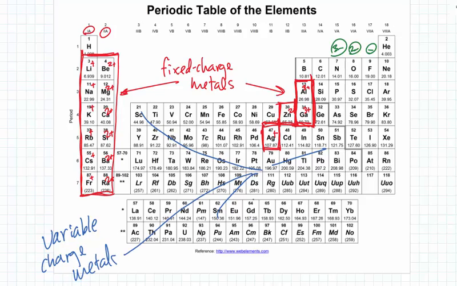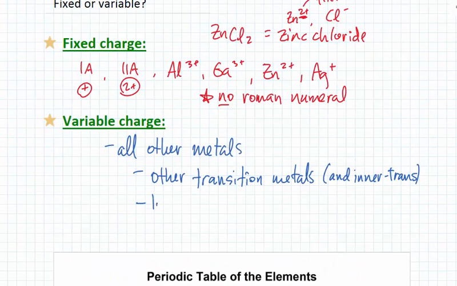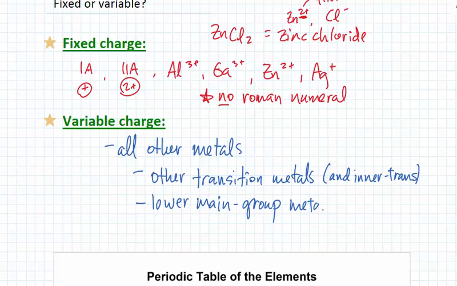So all through here, all through here. Those are all the variable charge metals. So as well, the other transition metals, not zinc and silver, but all these other ones, inner transition, as well as those lower main group metals on the right.